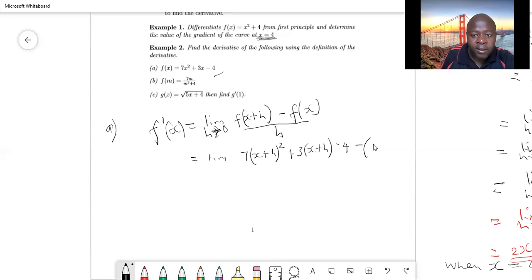Our f of x is 7x squared plus 3x minus 4, and then over h as h tends to 0.